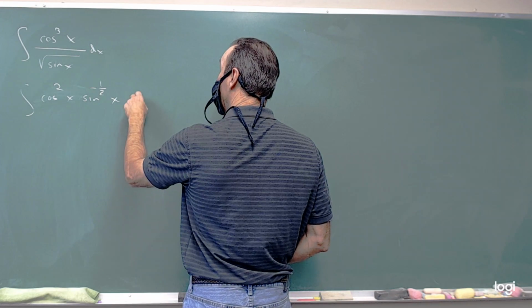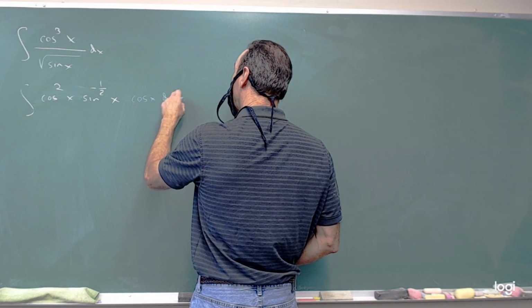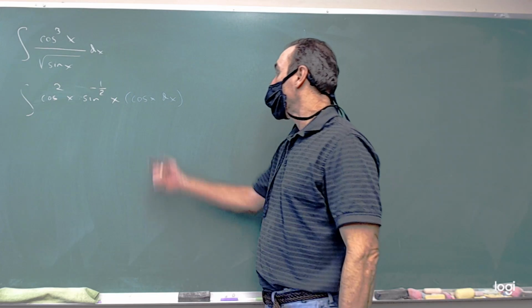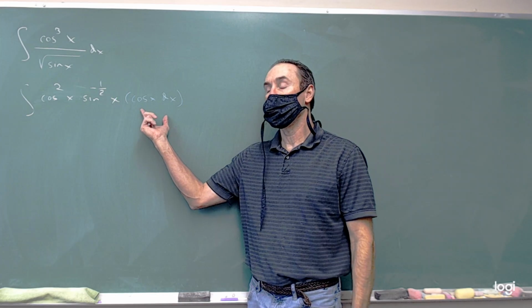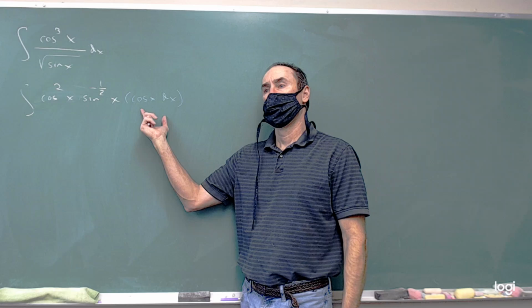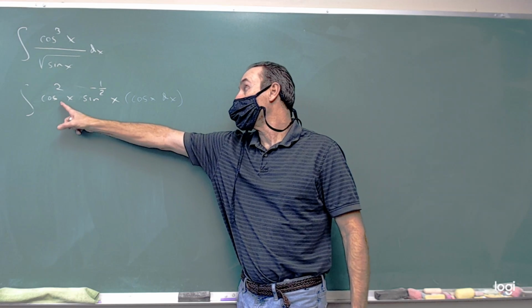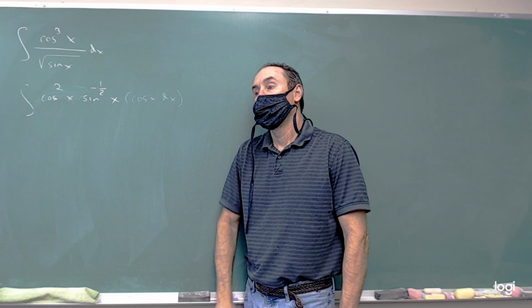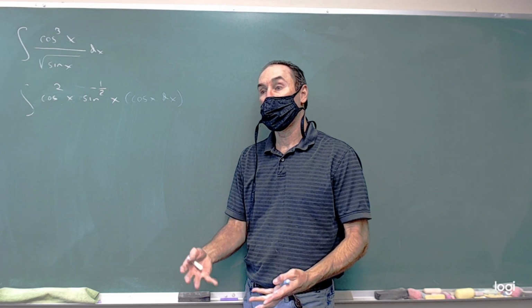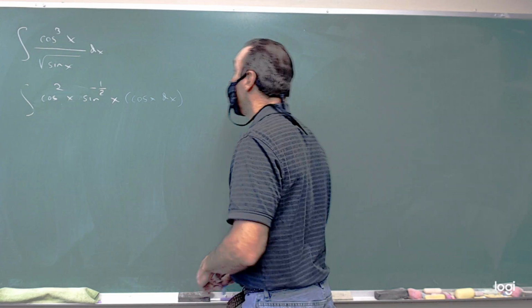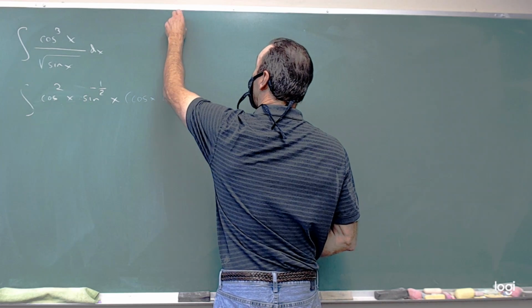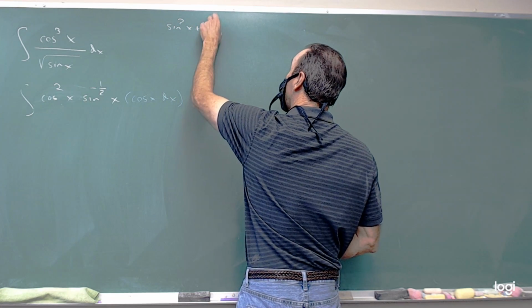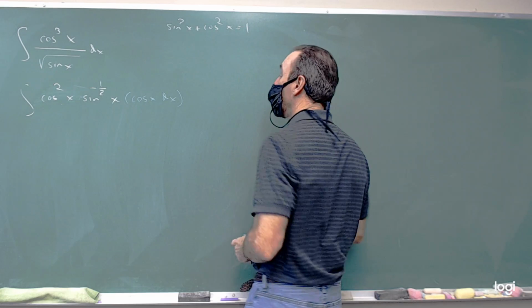And then we're going to save that cosine x that we picked off. That's going to become our du ultimately. Since we now have an even power of cosine left, we can trade that in for sines, coming from our favorite trig identity that sine squared plus cosine squared is 1.